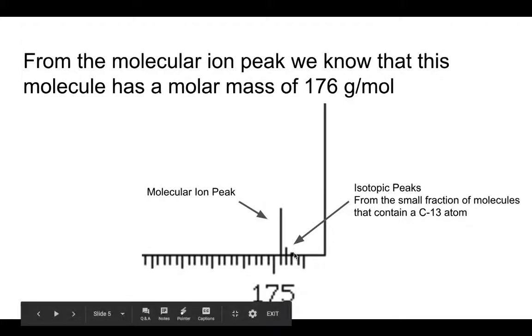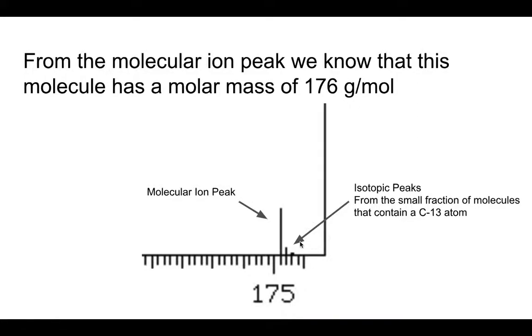And in this one, you can actually see just a little pixel here. That's a molecule that has probably 2 carbon-13s in it. Anyway, we're going to ignore these little peaks that are 1 unit after this taller peak right here. So we're always going to go to the farthest peak to the right, but we're going to ignore these isotopic peaks. And the isotopic peaks you can see are much smaller than the molecular ion peak that we're looking at.